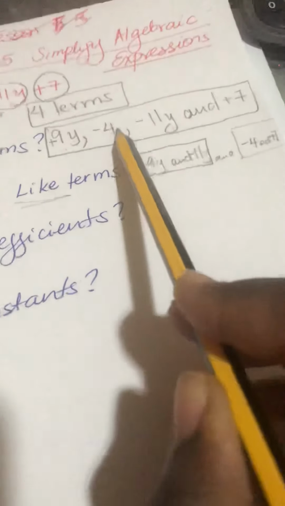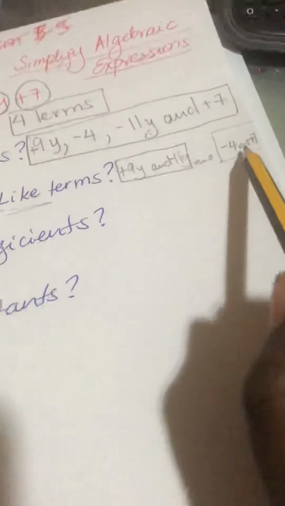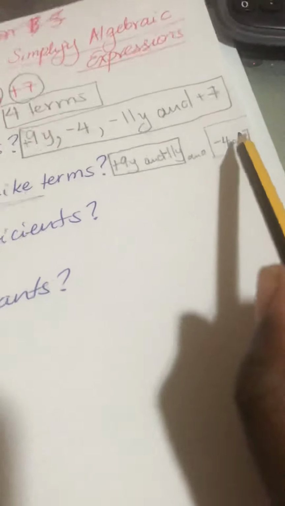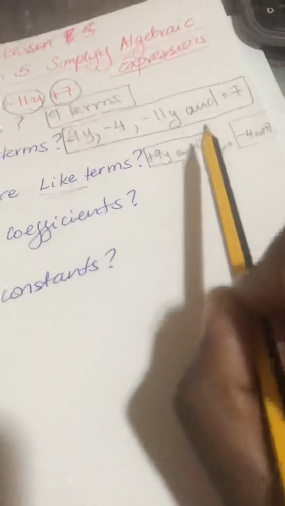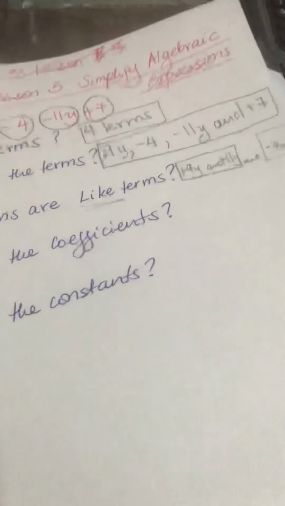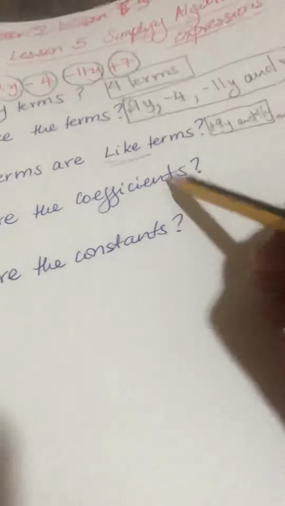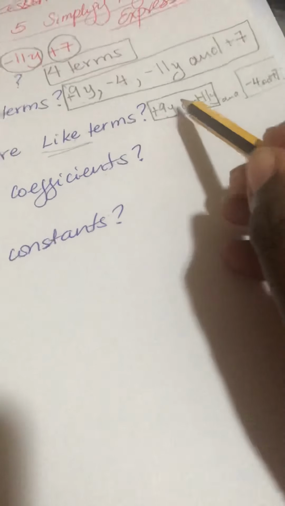Okay. So numbers by themselves are also like terms, as long as they are numbers, it doesn't matter whether they look the same or not. They are like terms because they are numbers. Here, they are like terms because they have the same variable. The variable is y. Who are the coefficients? The coefficients come from where you have the variable.